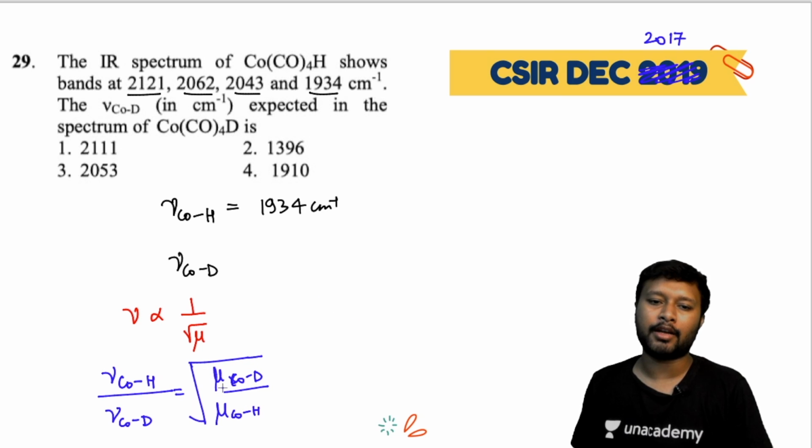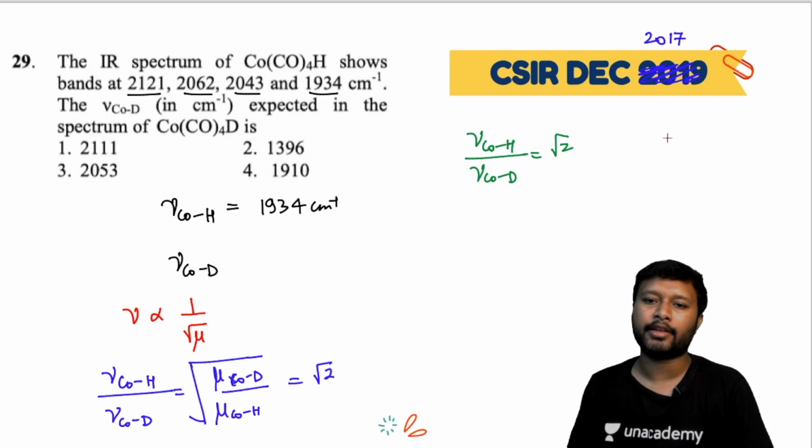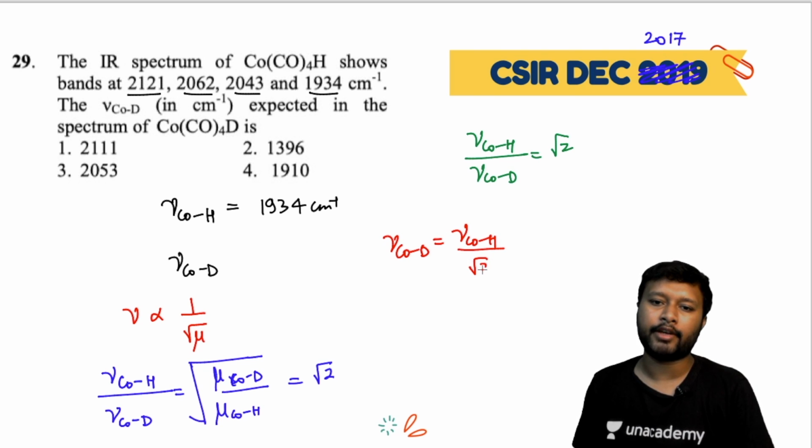So basically if you take the ratio of both of them, you are just going to get root 2. So if I use that knowledge and that data to solve, I get the frequency of CoH divided by the frequency of CoD equals root 2. Or if I have to actually calculate, the frequency of CoD will be the frequency of CoH divided by root 2.